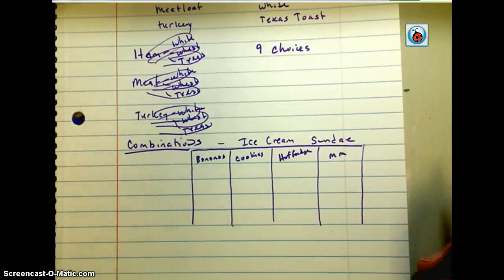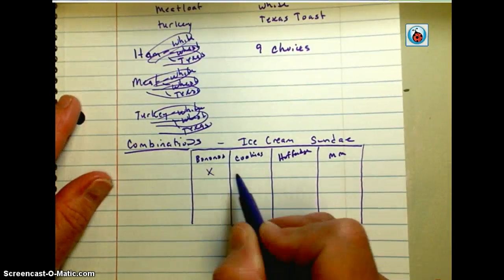Those are all possible topping choices, and you get to pick 2. So we want to see what all the different combinations are, given 4 choices and 2 toppings.